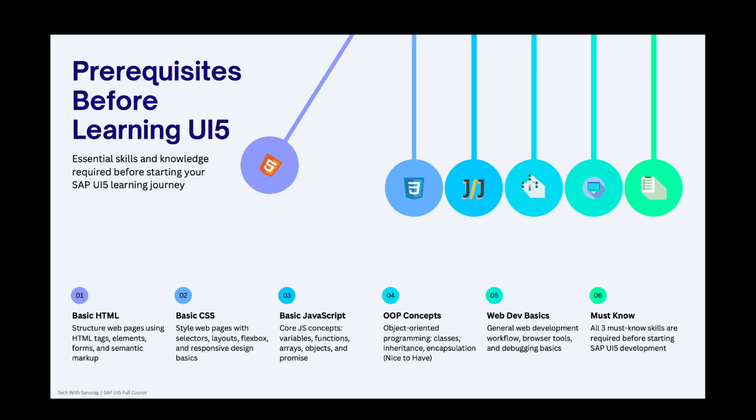So, before starting your SAP UI5 journey, there are a few basic skills that will help you. You should have a basic understanding of HTML, CSS, and some JavaScript knowledge. Now, let me clarify something. You don't need to be a JavaScript expert. Many beginners think that they need advanced JavaScript before learning UI5.